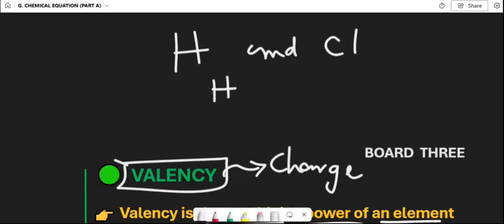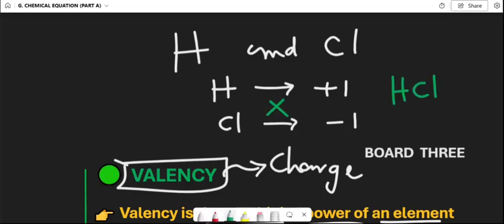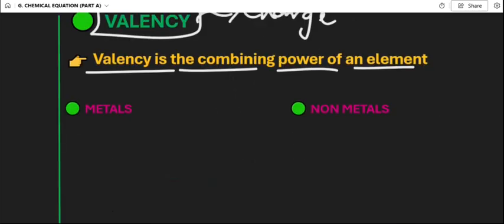So if hydrogen is given to be +1, then chlorine is given to be -1. When you cross multiply the valencies, it's going to turn to HCl. So that's the essence of why we have valency. So that's why we said valency refers to the combining power of an element.